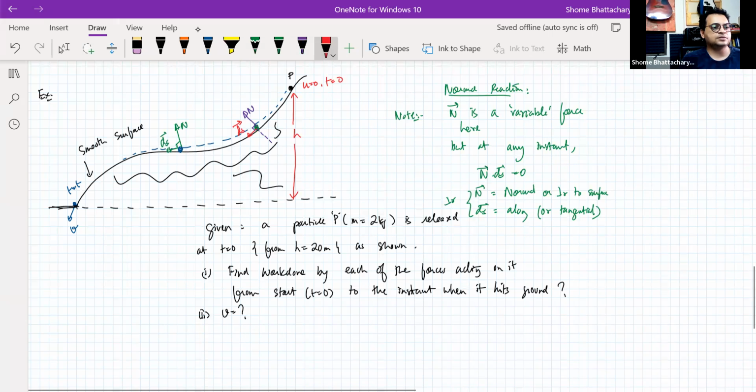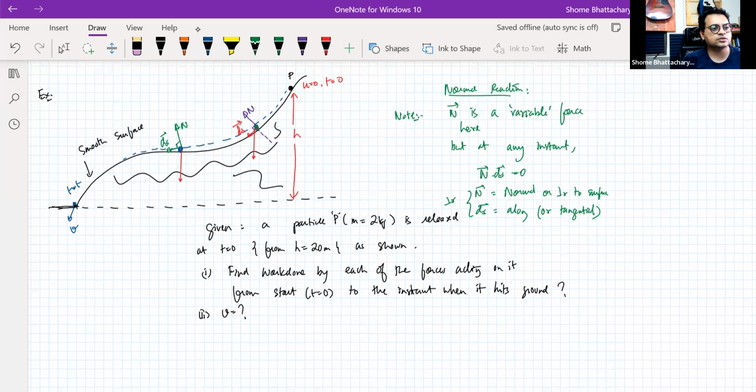So at any point of time, there are two forces acting on it, mg and normal reaction. mg is always acting vertically downwards, and normal reaction is always acting normal to the surface. So for mg, we don't need to do any integration.